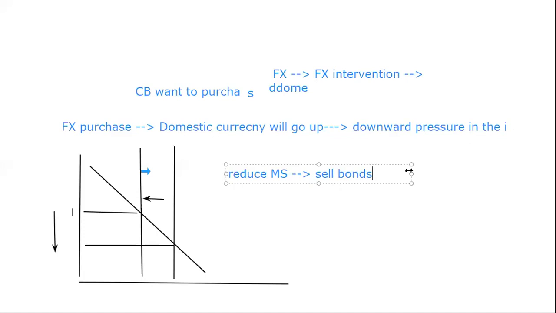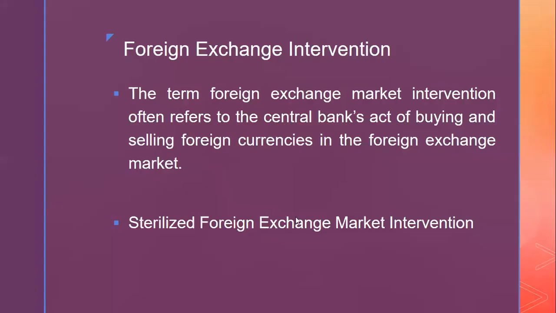That is simply the meaning of sterilized foreign exchange market intervention, always to keep the unwanted effects back to the normal condition. But again, this sterilization process is also costly for the central bank, because the central bank has to purchase or sell the bonds, which yields extra cost.